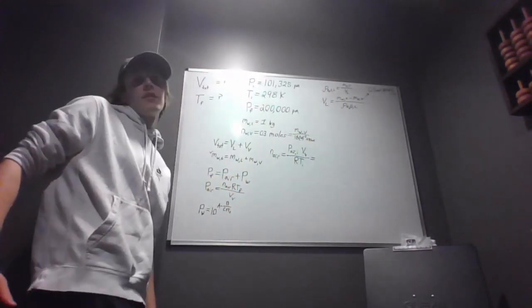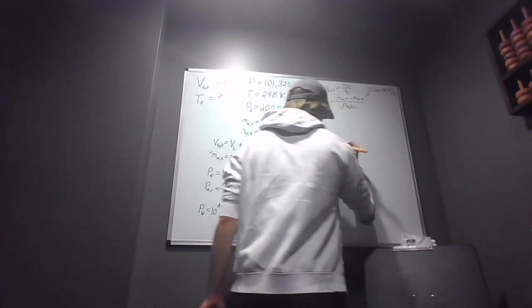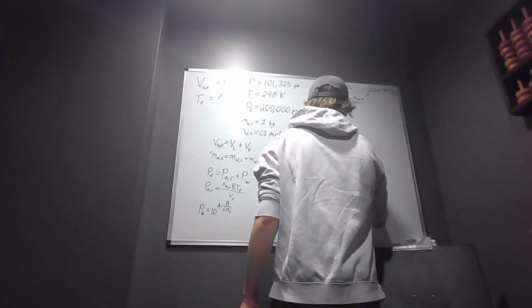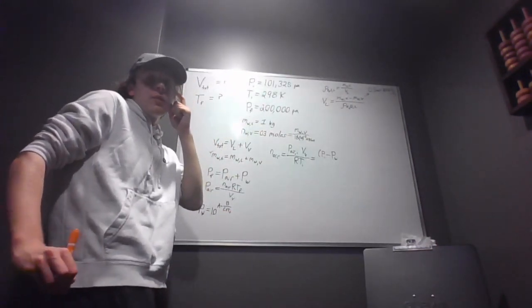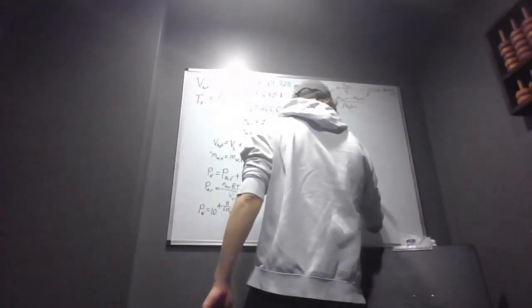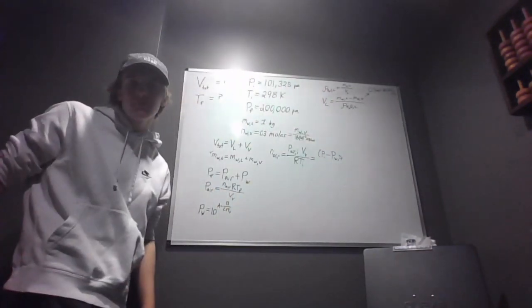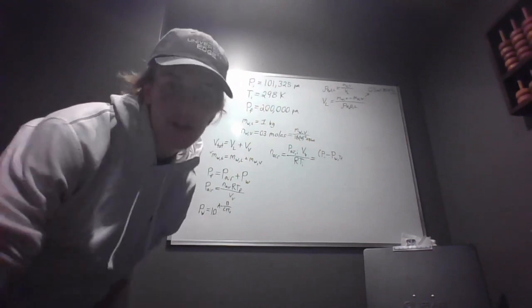Now we can split up this even more. The partial pressure of the air initially is the total pressure initially minus the partial pressure of the water at the initial temperature as well.